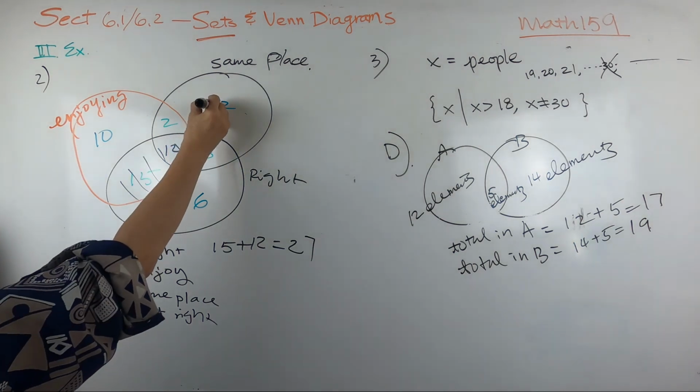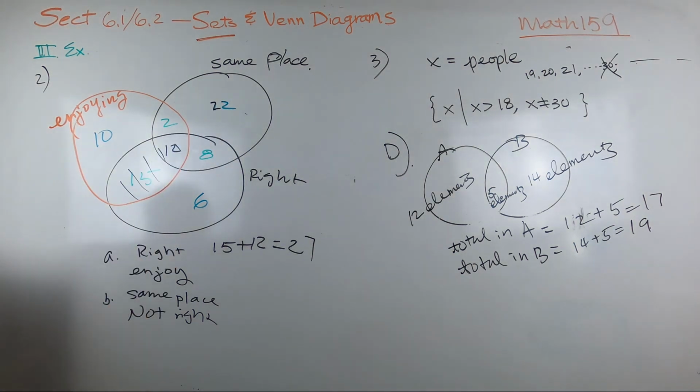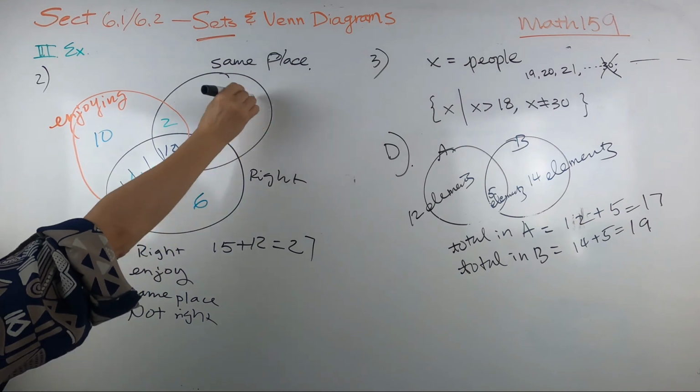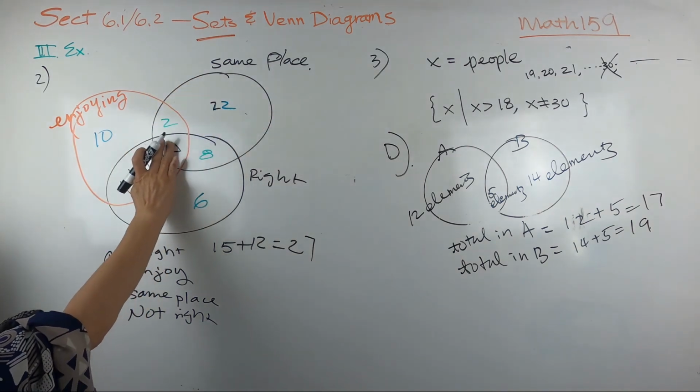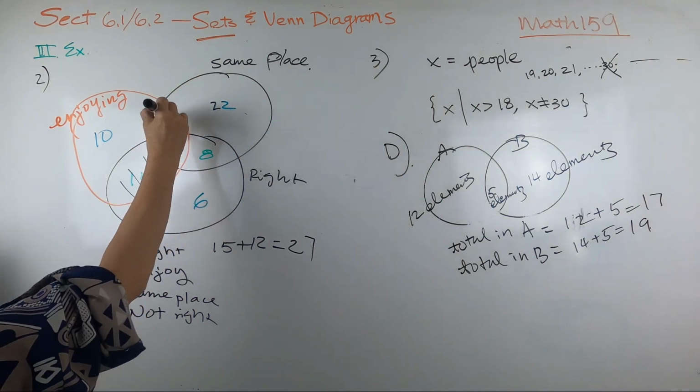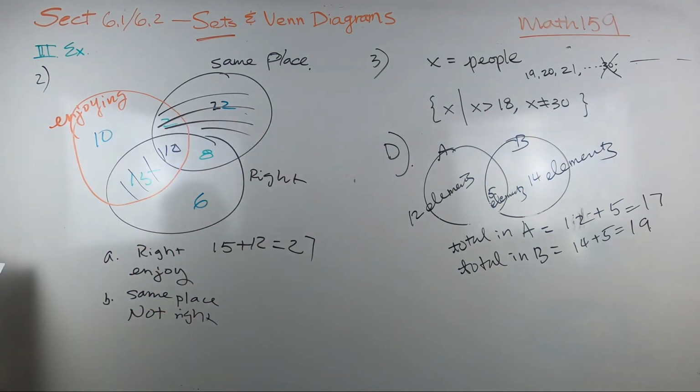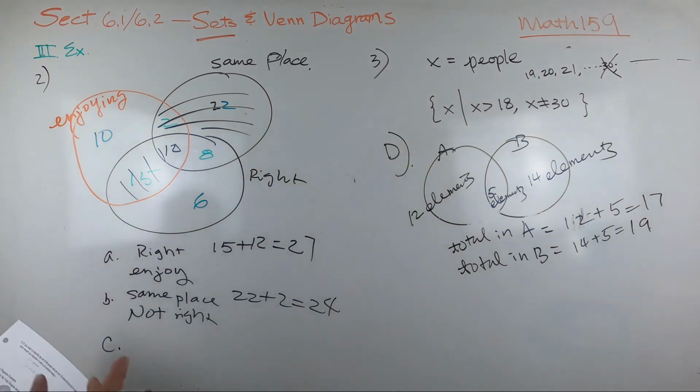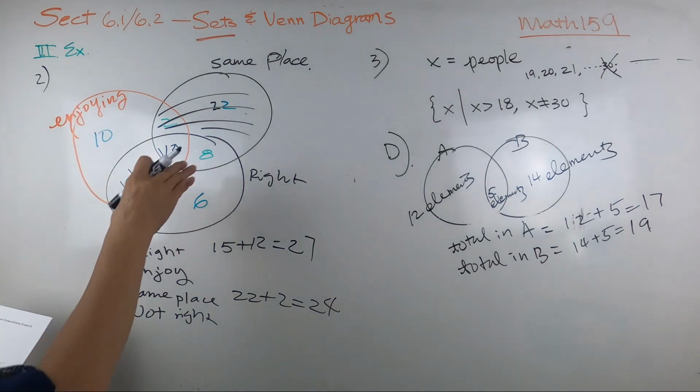Oh, that's 22. That's the same place, but not right hand, cannot be inside the right hand. So that would be here, right? So that would be 22 plus 2 equals 24. Right? We're just counting the portion of the whole thing.